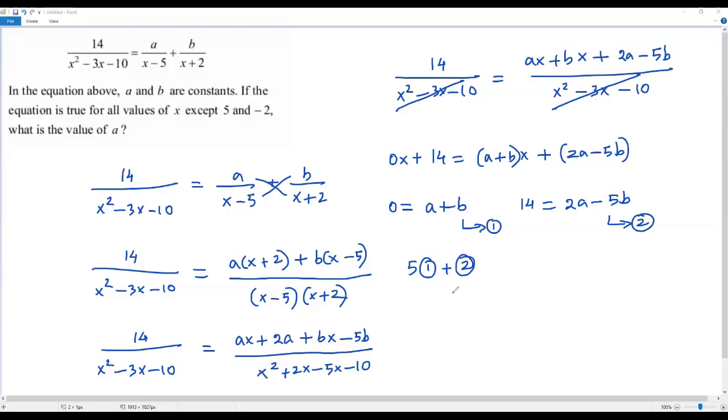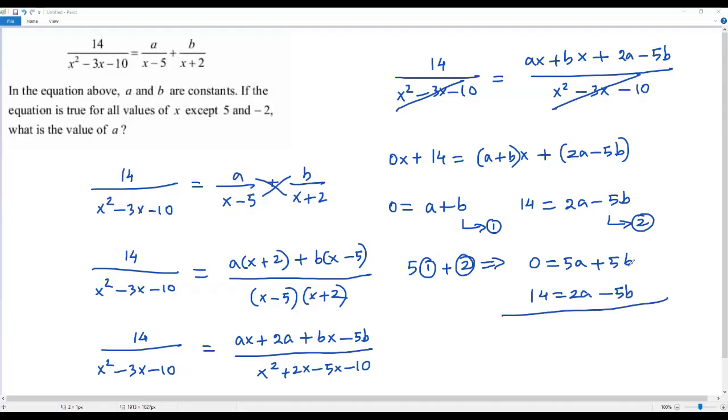When I multiply equation number 1 by 5, all the terms have to be multiplied by 5. 5 times 0 on the left side is 0, 5 times a is 5a, and 5 times b is 5b. Now let me write the second equation as it is. It is 14 equals 2a − 5b.